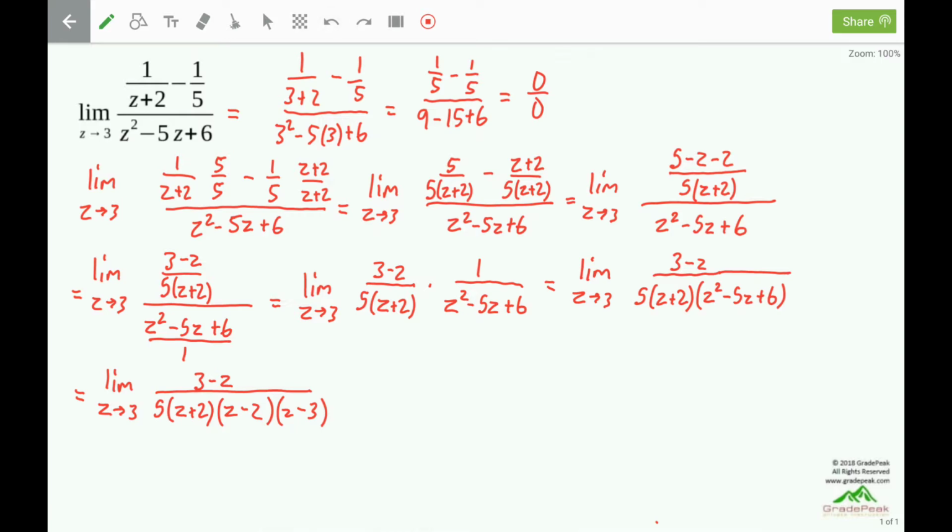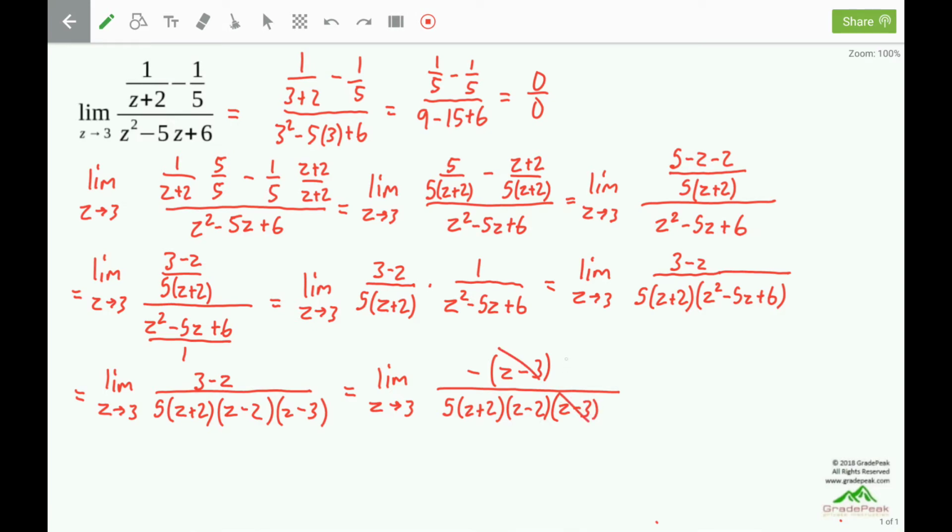The numerator is 3 minus z. We need to factor a negative out of one of the two. I'll take it out of the numerator simply because it's smaller in form. If you factor out a negative, it will reverse the signs of both the z and the 3 to the opposite of what they were, which will then allow us to cancel out the z minus 3's.